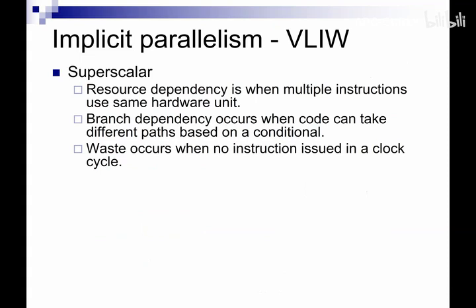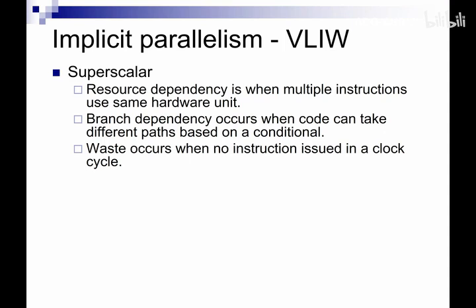Okay, so I'll talk about one last type of parallelism, which is VLIW parallelism. The first part of this is just summarizing what we talked about on the previous slide. You have a resource dependency when multiple instructions are going to use the same hardware unit.